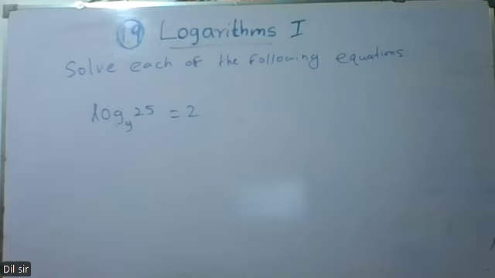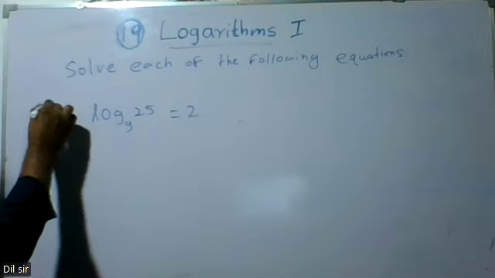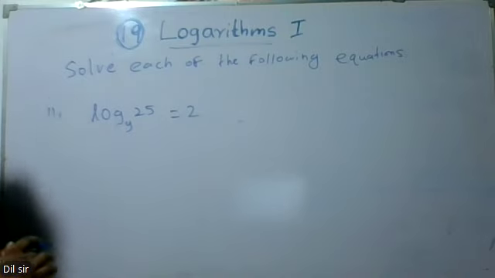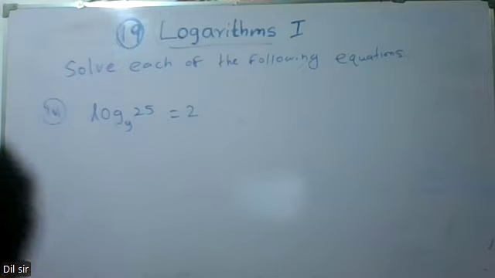Very simple. 25 and 2. You have to find out the y base. First write this in index form. Sorry, I don't know, I think this is the fourth one, maybe. Fourth equation.